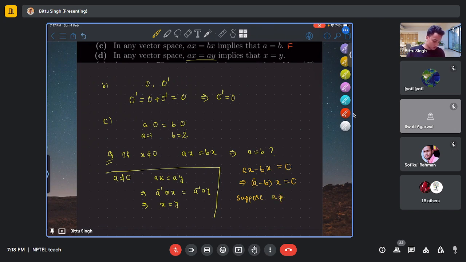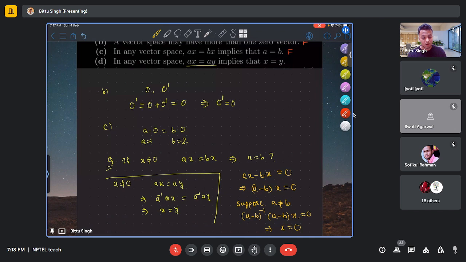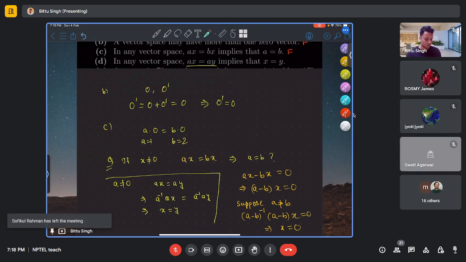Suppose A not equal to B, then you can take inverse of A minus B. This will give X equal to 0. Yes, your argument will work, but the problem is you cannot invert the element from the vector space. You cannot invert X. You can invert A minus B. So this is a contradiction. So if X not equal to 0 given, then A and B must be same.